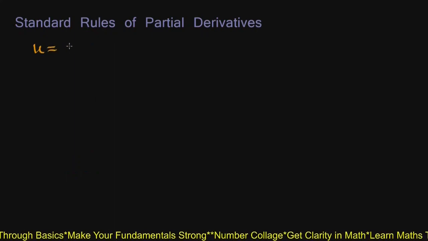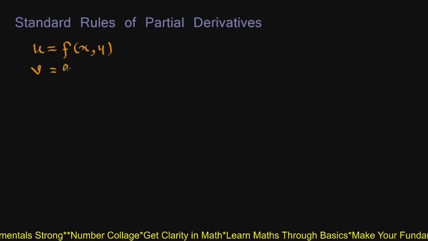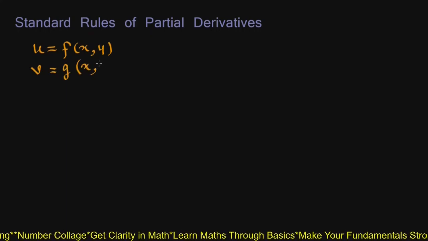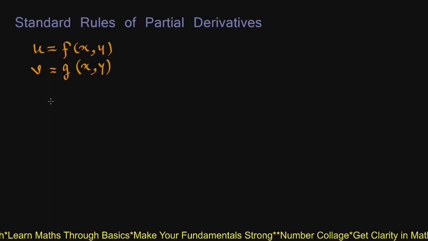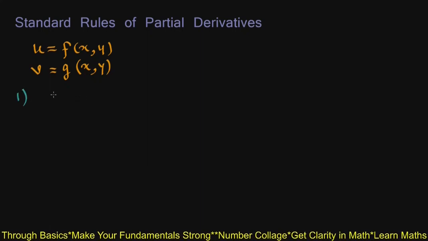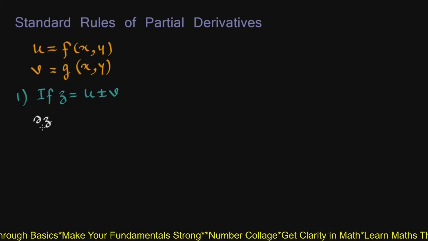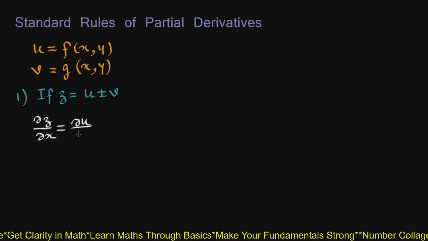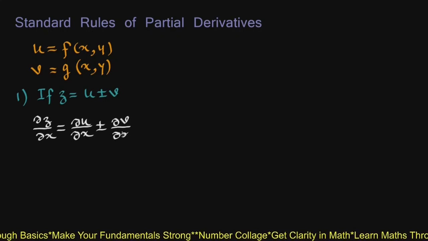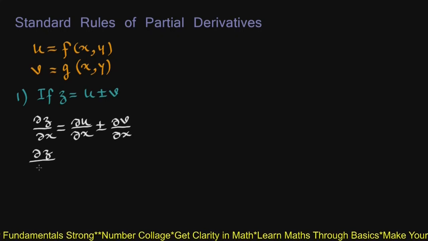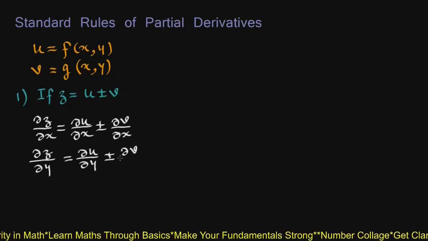If u is a function of x and y, and v is another function g of x and y, then we have the following rules of finding partial derivatives. First, if z is u plus or minus v, then ∂z/∂x is ∂u/∂x plus or minus ∂v/∂x, and ∂z/∂y is ∂u/∂y plus or minus ∂v/∂y.